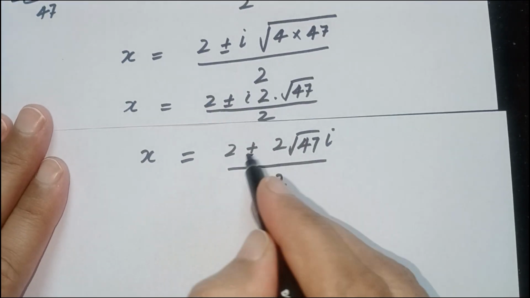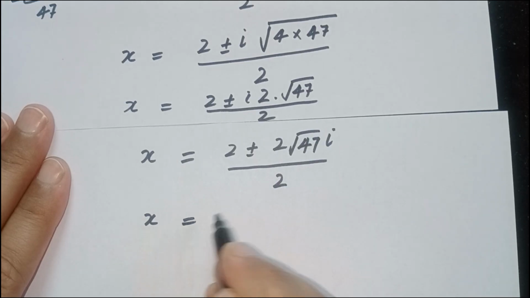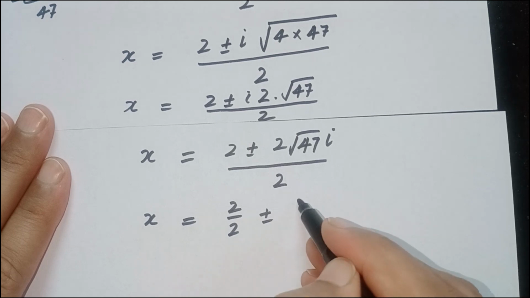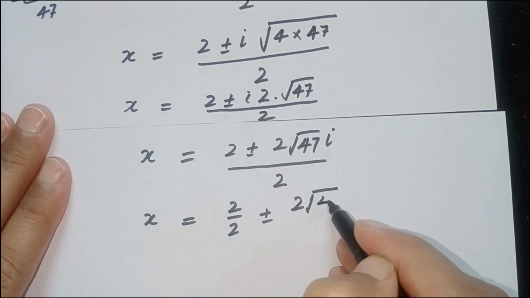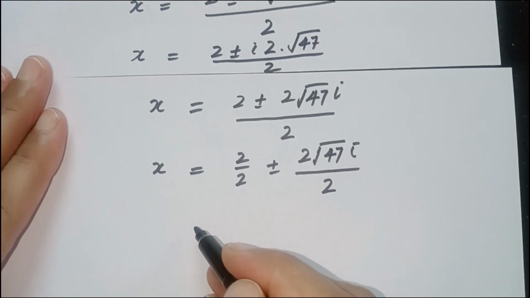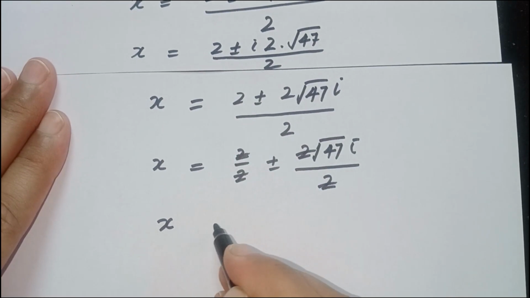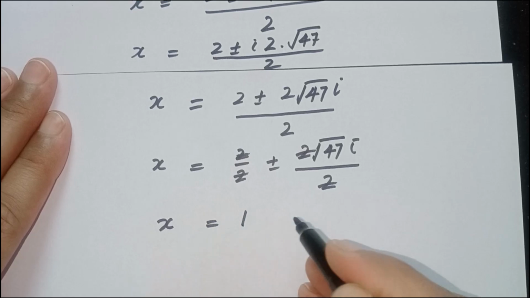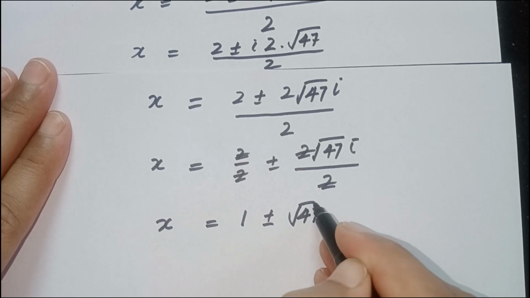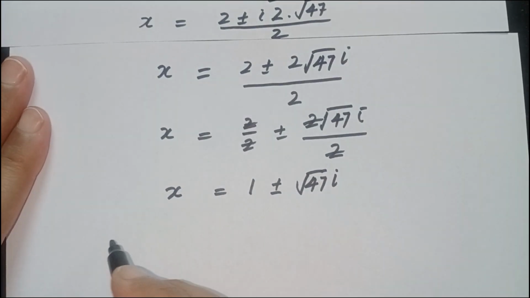Now divide both this and this by 2. x is equal to 2 over 2 plus or minus 2 square root 47 times i over 2. So here in the next step 2 will go with the 2, 2 will go with 2. Here we will get x is equal to 1 plus or minus square root 47 i. So here we have the value of x.